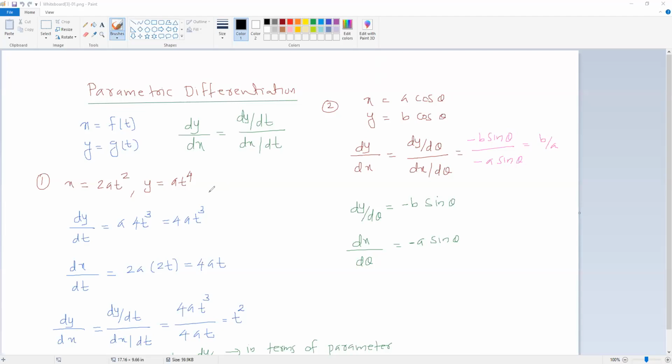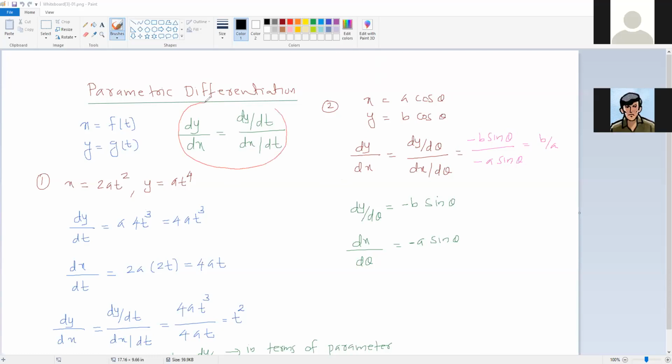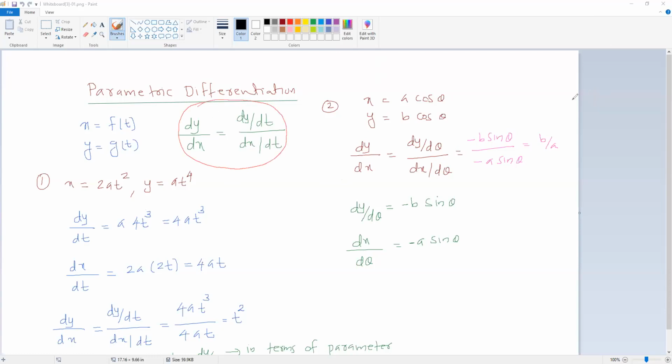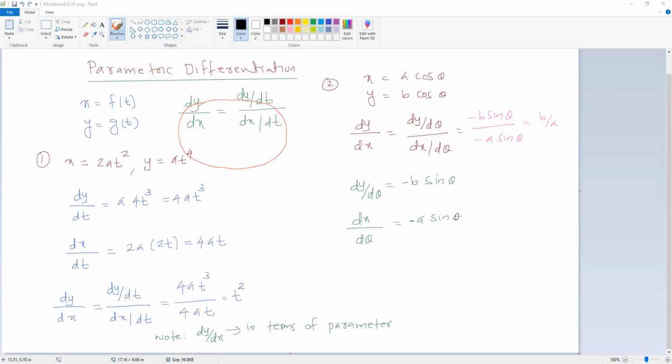In the parametric form, the function is given, then dy by dx, we know that dy by dx is equal to dy by dt divided by dx by dt. This is what we have seen yesterday.